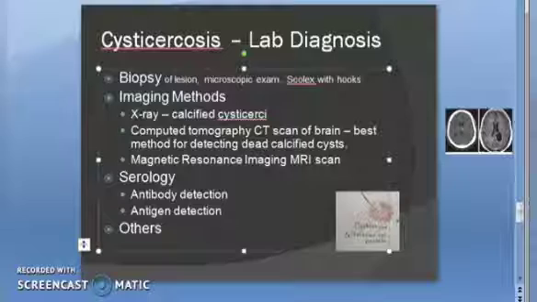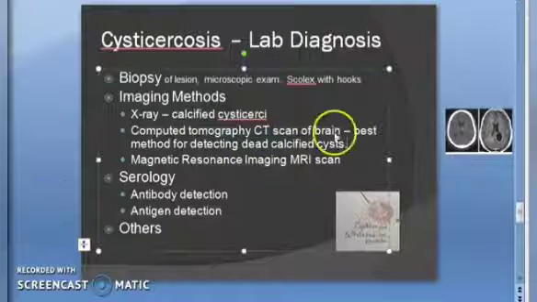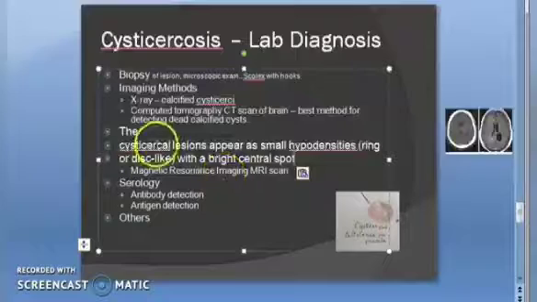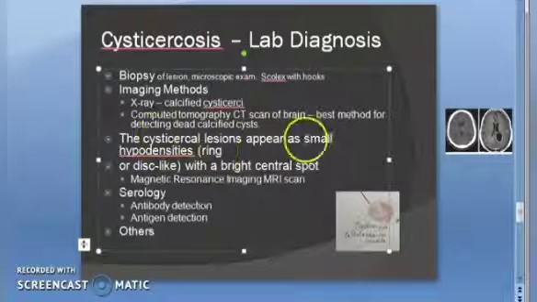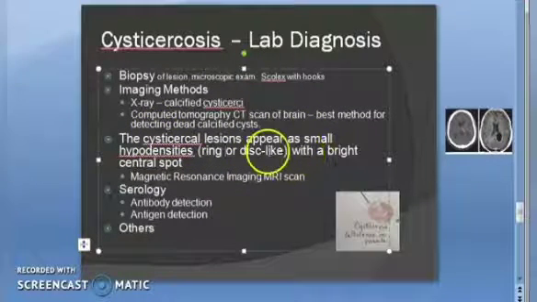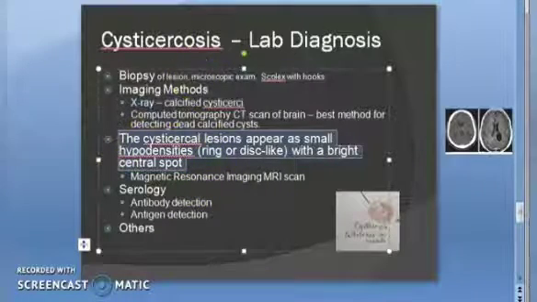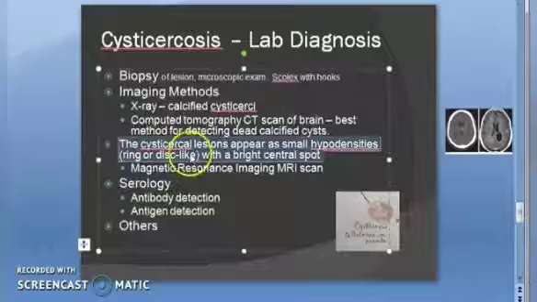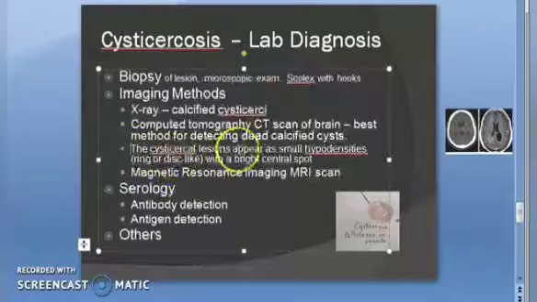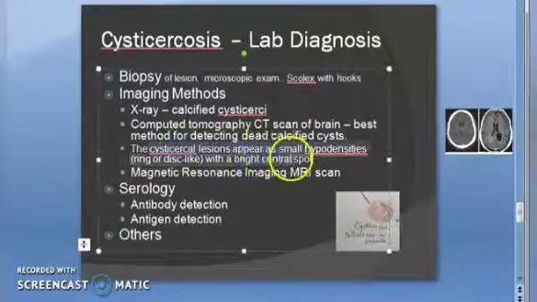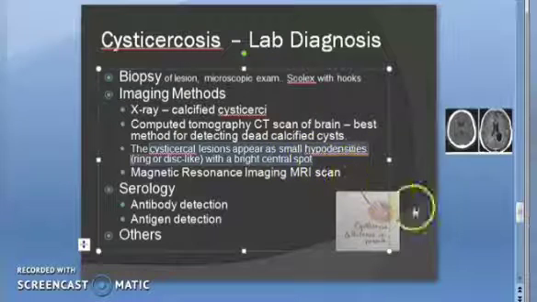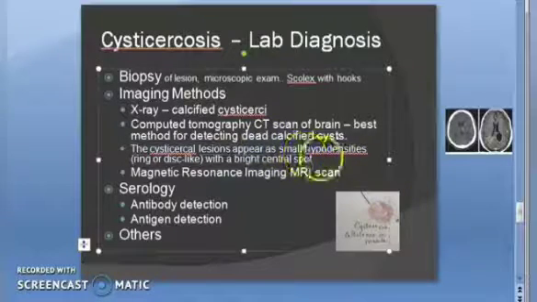The cysticercal lesions appear as small hypodensities, ring-like or disc-like, with a bright central spot. Guys, this you have to learn and understand what they are saying.